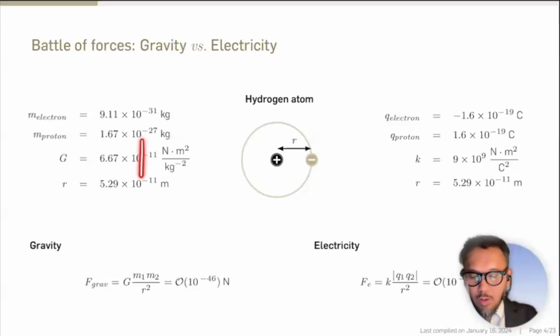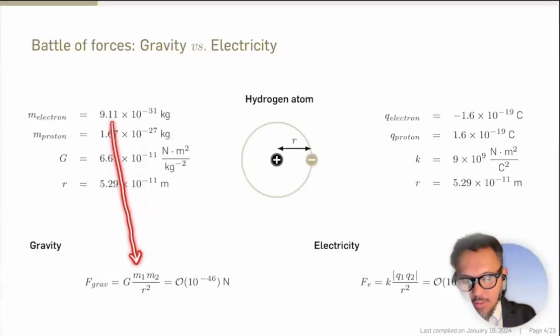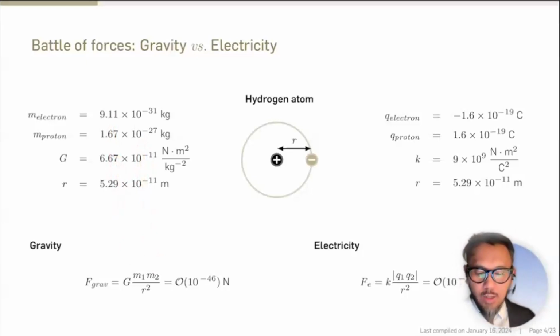If you put all the numbers, and I will ask you to check the calculation here, then you can calculate the magnitude of the gravitational attraction between an electron and a proton. And you can also calculate the attraction between an electron and a proton, right? You can use the numbers here, and K is given here.